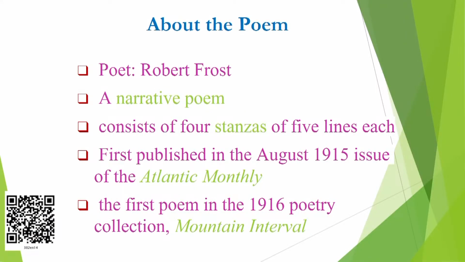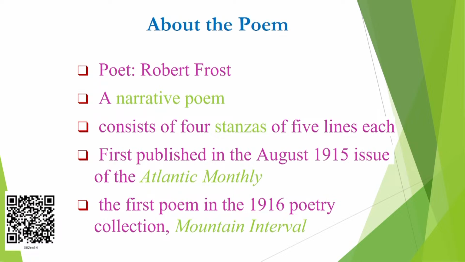So first let us read something about the poem. The name of the poet is Robert Frost, and it is a narrative poem consisting of 4 stanzas of 5 lines each.